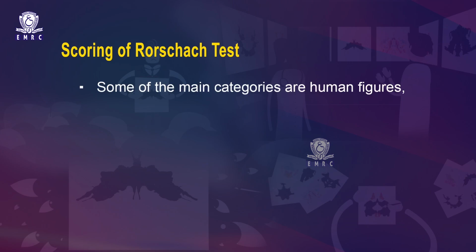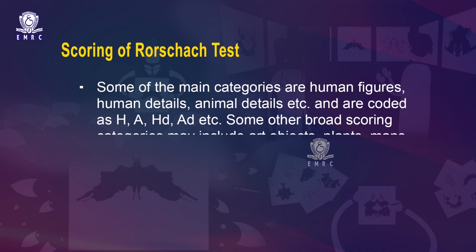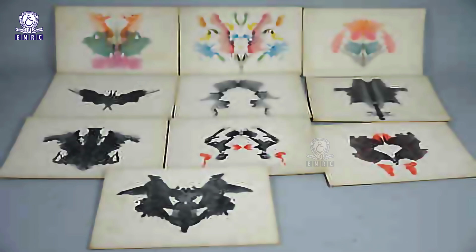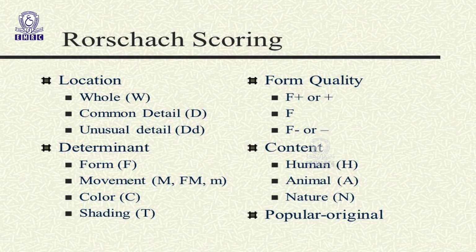Some of the main categories are human figures, human details, animal figures, animal details, etc., and are coded as capital H, capital A, capital H small d, capital A small d, etc. Some other broad scoring categories may include art, objects, plants, maps, landscapes, clothing, etc. For each of the 10 cards, certain specific responses are scored as popular because of their common occurrence, and thus constitute the popularity score.